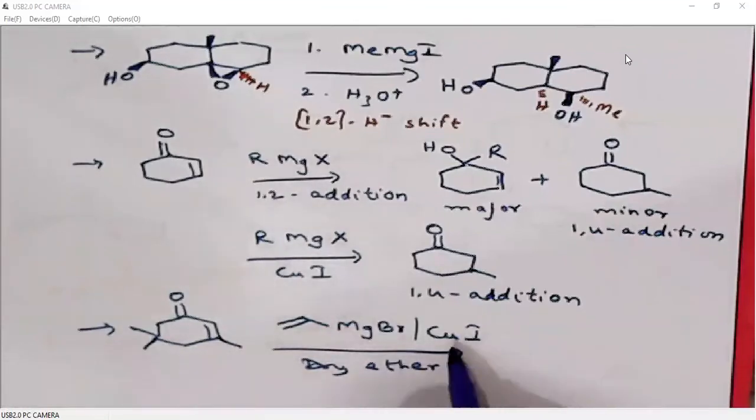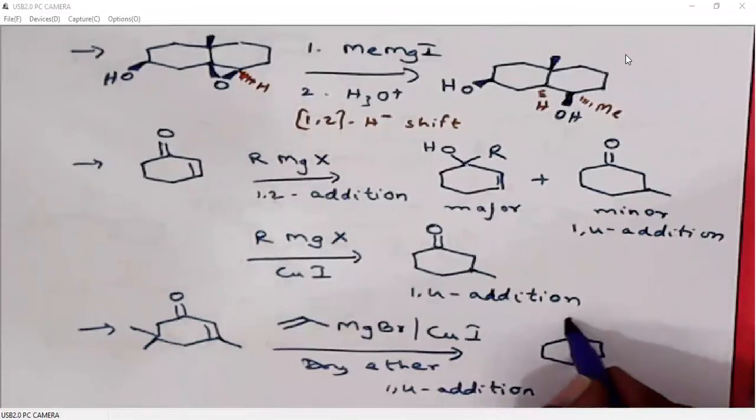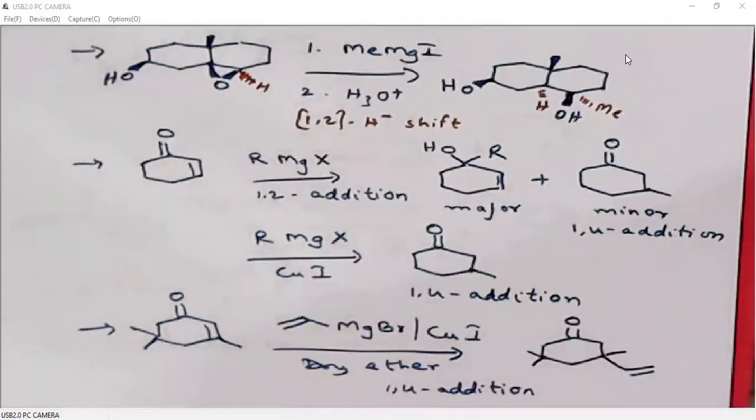But still, the copper makes the reagent so soft that it will undergo only 1,4 addition. There is no 1,2 addition here. This is the product.